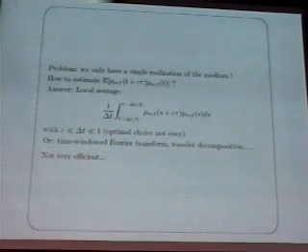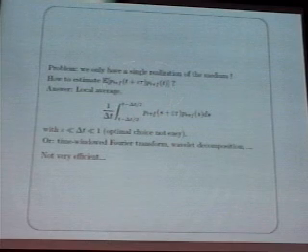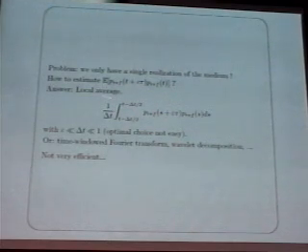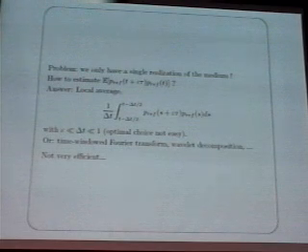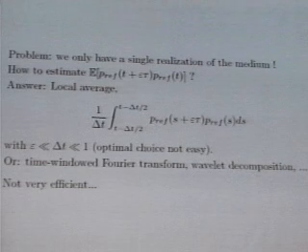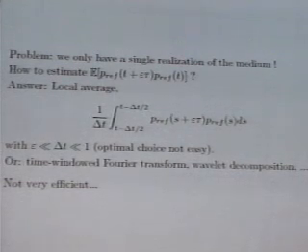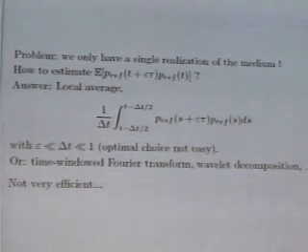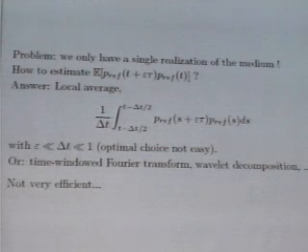And there is a huge literature about how you can go from here to here. The problem is, how can I estimate the expectation of the product of two reflected waves? Because I have only one realization of the medium. So what is this expectation? There is also a huge literature devoted to the estimation of this expectation from one single realization. Doing statistics with one realization is not easy.